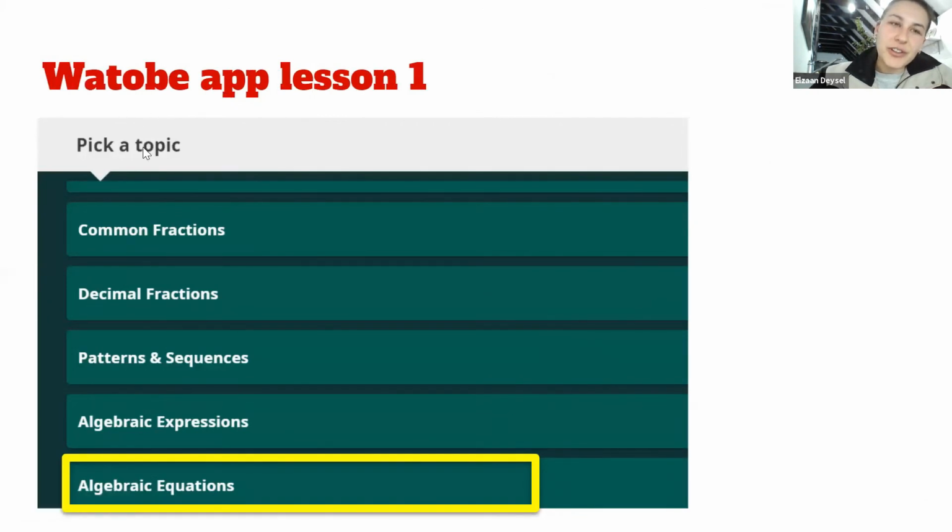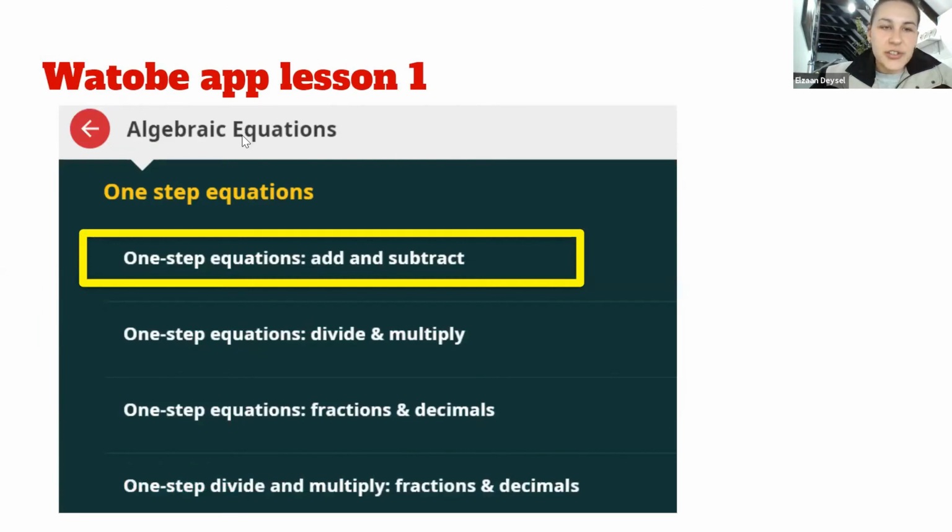You can go onto the topic list and find algebraic equations. Then scroll down to one-step equations. In the first one, one-step equations, add and subtract, this is your homework for Thursday. You all have it. Can I see a thumbs up?